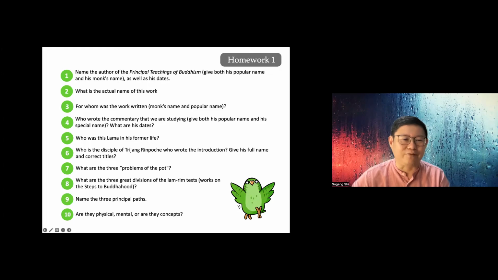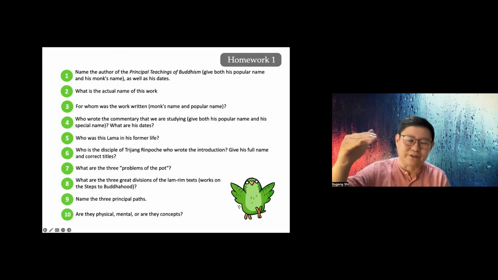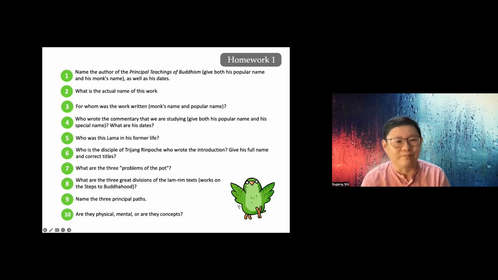What are the 3 great divisions of Lamrim text? This is referring to the 3 motivations: the lower scope, the medium scope, and the greater scope. The lower scope are those who don't want to be reborn into the lower rebirths.